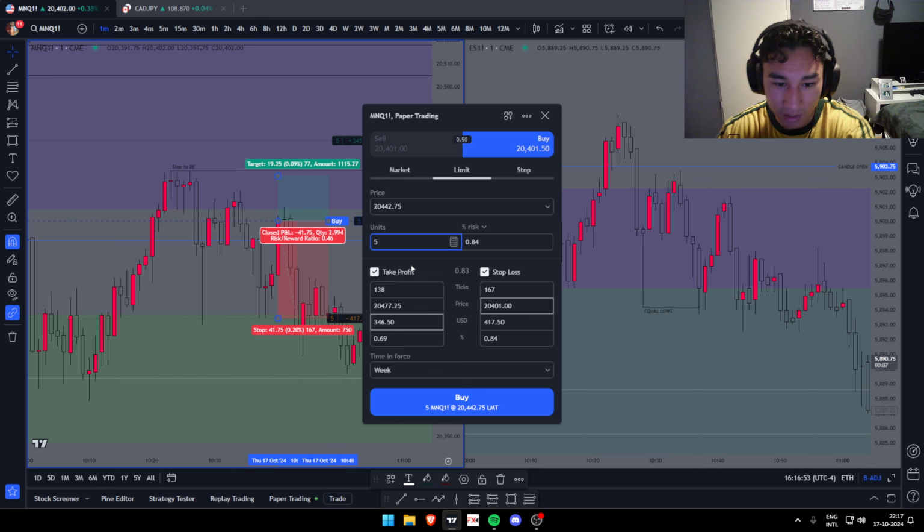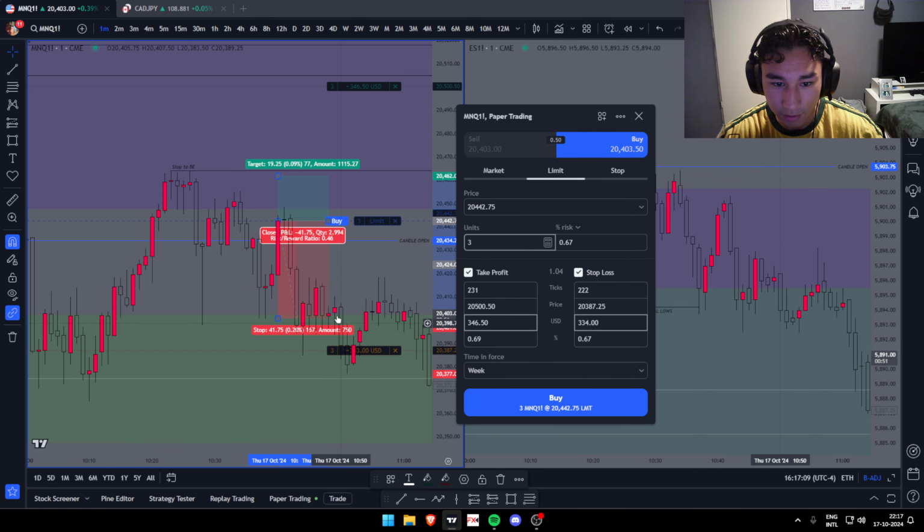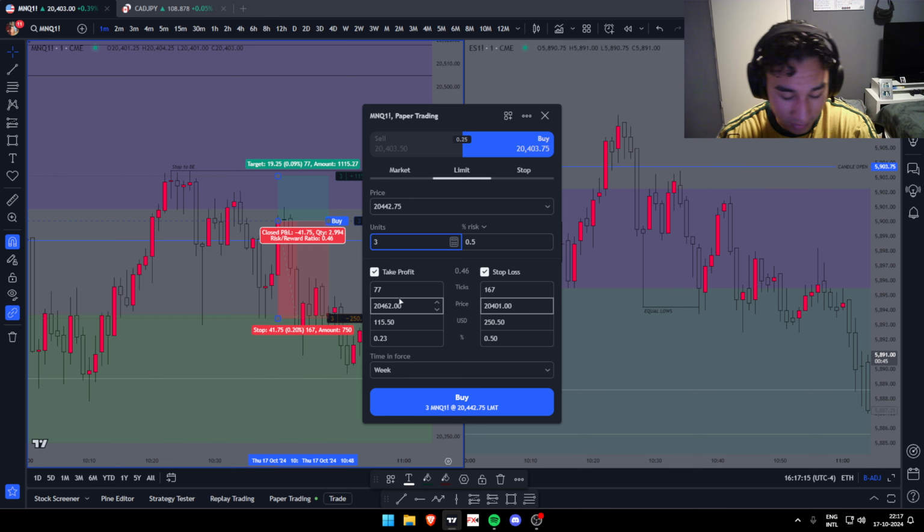I was looking at the take profit, as you can see, and it should have been this. So 5 contracts, 4 contracts, that's 334. So it'd be 3 contracts, and you can see it here. Maybe it should have been like this, but I looked at the wrong number. So I looked at the take profit instead of the stop loss.